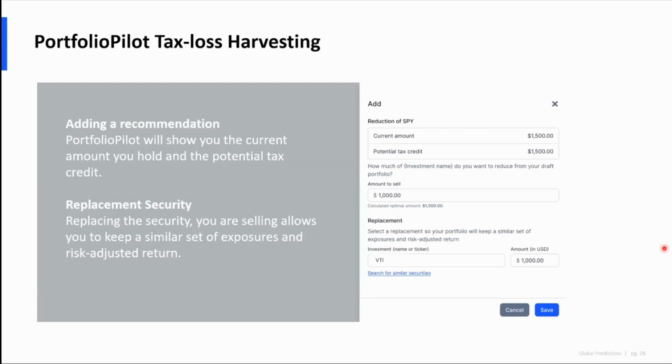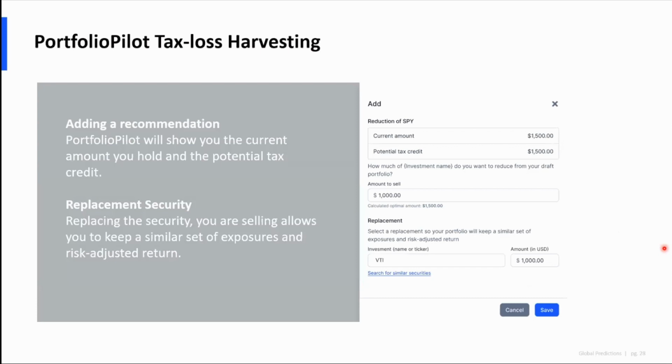So if, for example, you were to click add, you'll end up going to a pullout that looks similar to this. It'll show you the current amount that you own. Then it'll also show you the potential tax credit. This is also an opportunity where you can choose how much you want to sell.